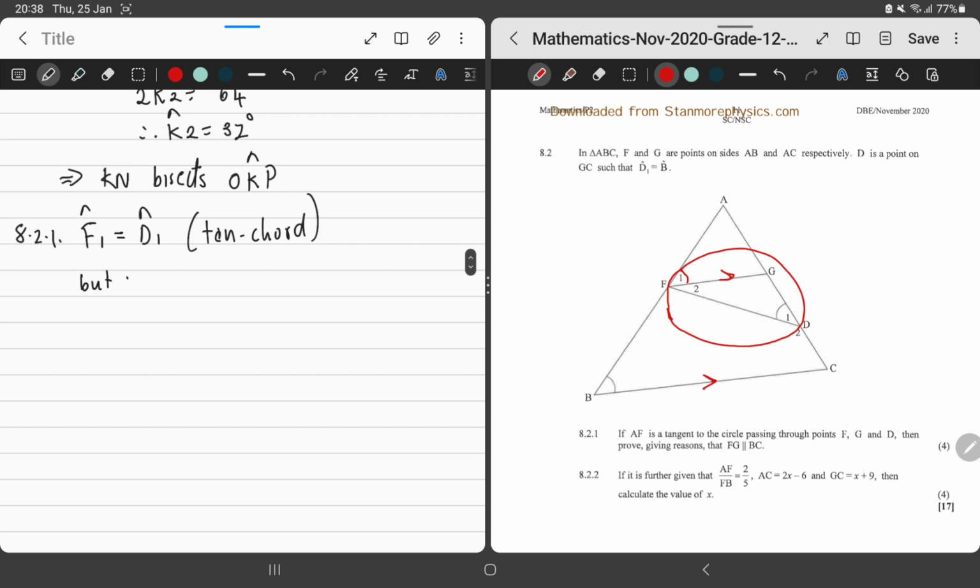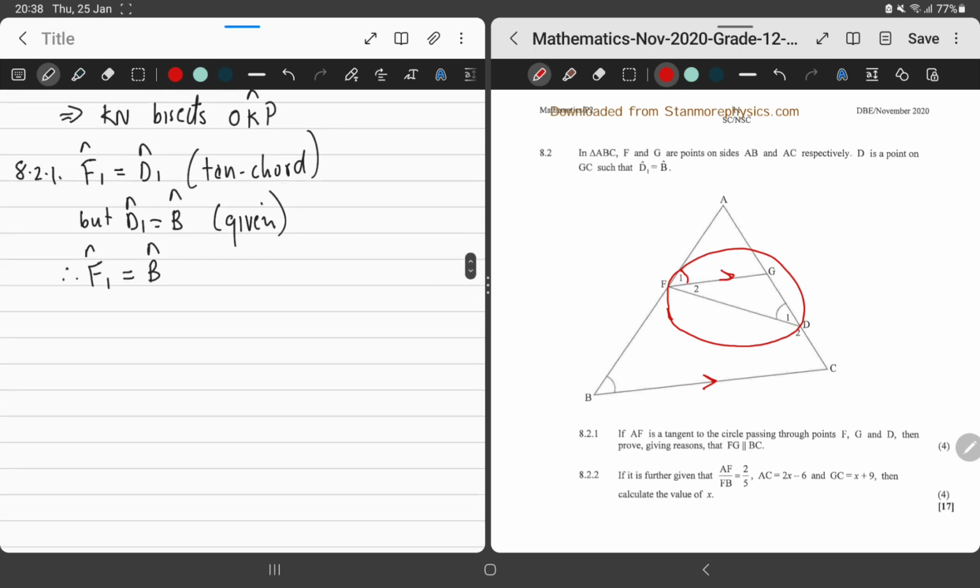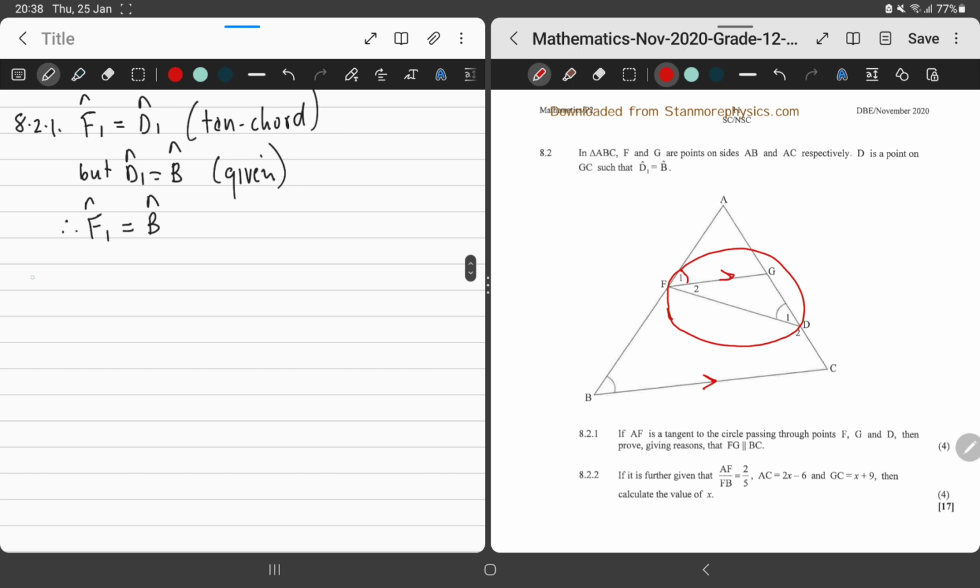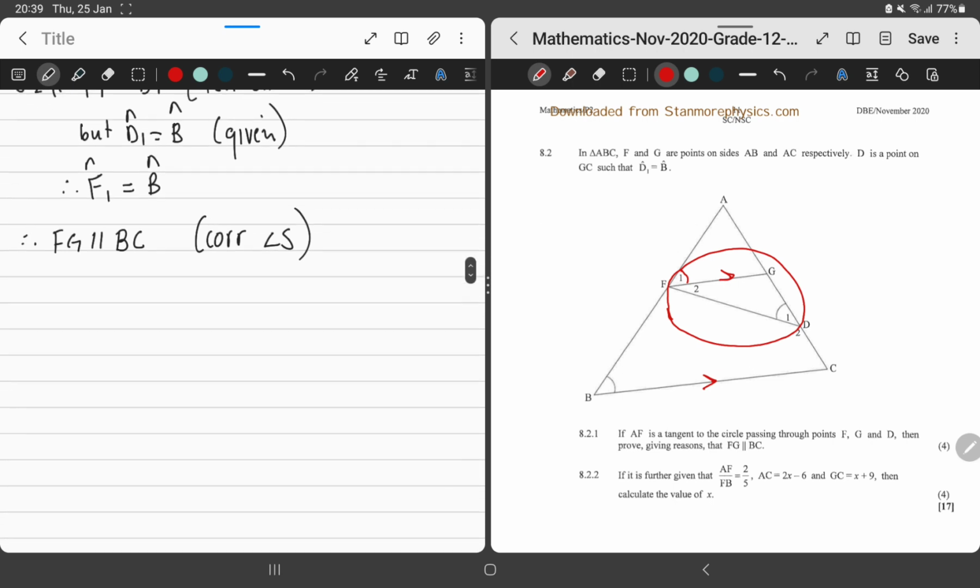But D1 is equal to B, we are given. This means that F1 is equal to B because they are both equal to D1. Therefore, FG is parallel to BC. Then this will be corresponding angles.